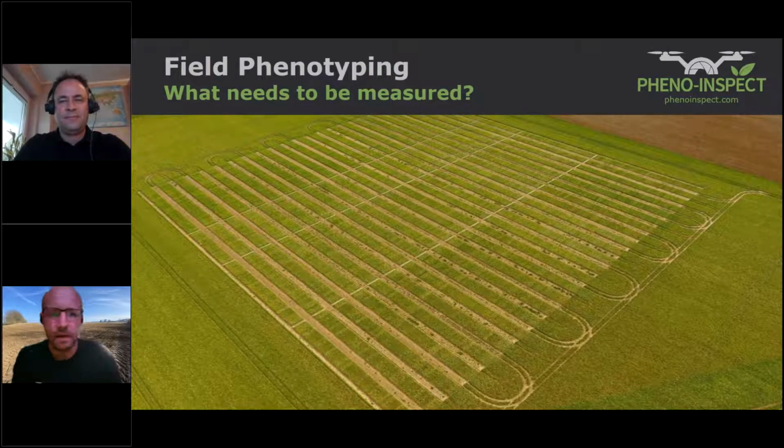Let's take the sugar beet as an example, but this holds for any other crop as well. You want to breed a variety which is more stress tolerant, more competitive against weeds, more yield effective, things like that.